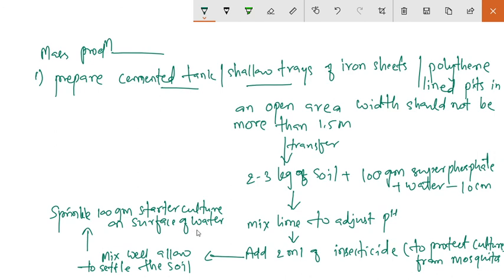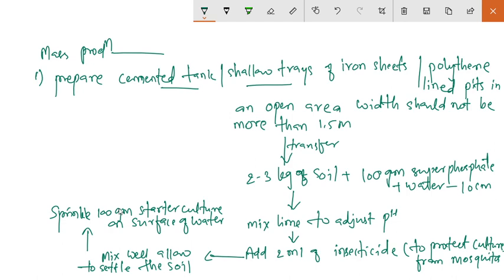When the temperature remains around 35 to 40 degree centigrade during the summer, the maximum growth of cyanobacteria takes place.